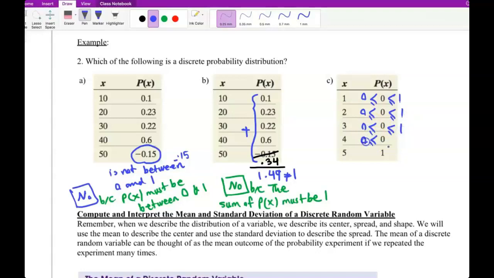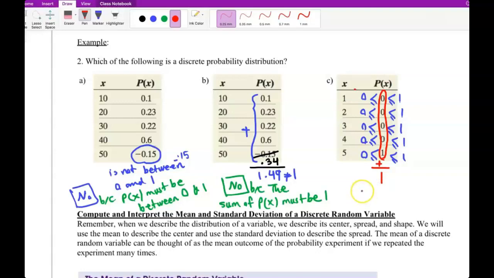So we passed the second rule. And for the first rule, adding all these numbers is equal to 1.